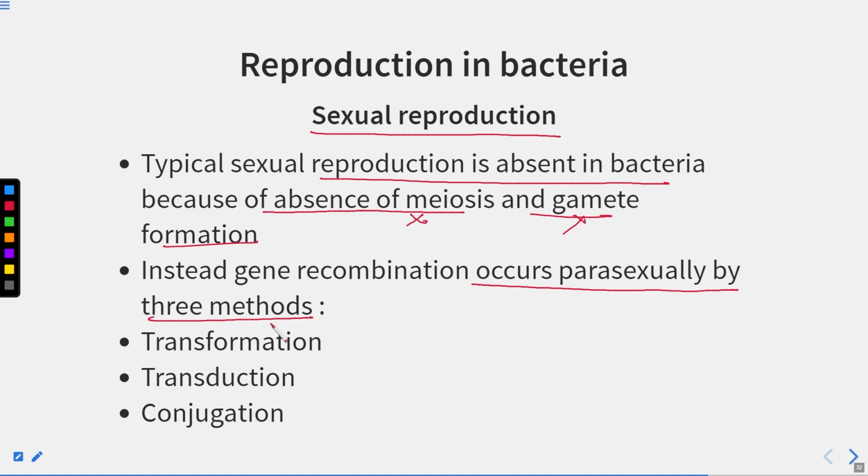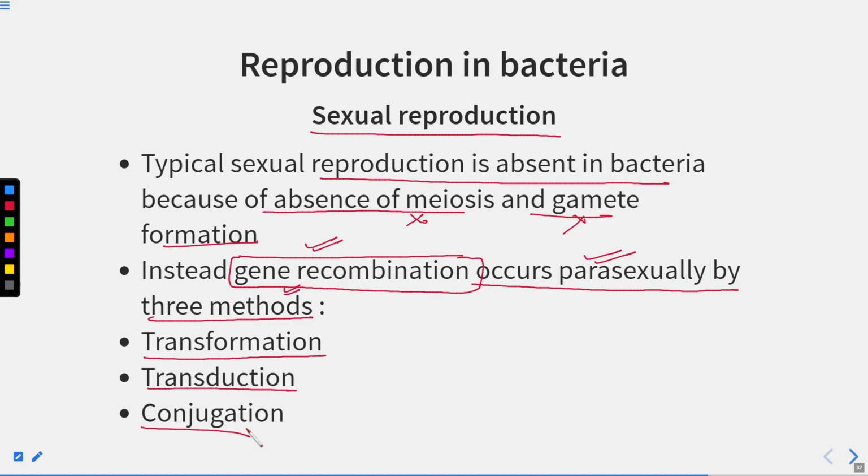Means there is a mixing of DNA, and that is why it is called parasexual, and it occurs by 3 different methods. Gene recombination means 2 different types of DNA recombine. The 3 methods are transformation, transduction, and conjugation.